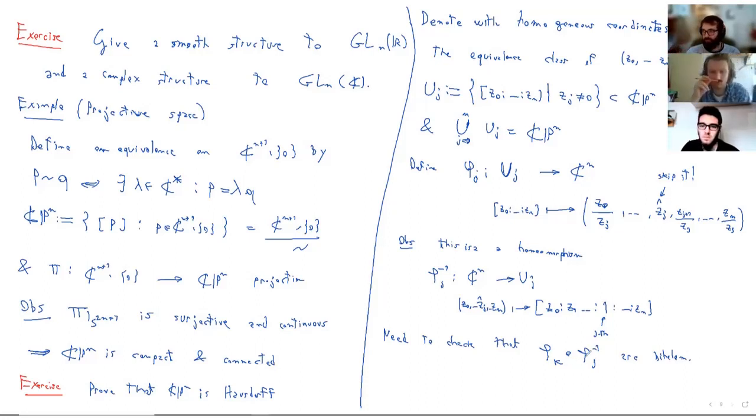And actually, since we're talking about holomorphic maps, it's enough to show that it's bijective, and that's for free by the way we choose the domains, and just holomorphic, because if you have a bijective holomorphic map, it is for free a biholomorphism. Remember, this is not true for smooth maps.